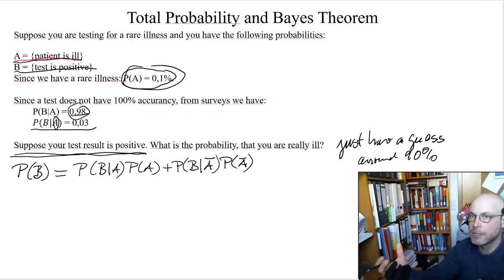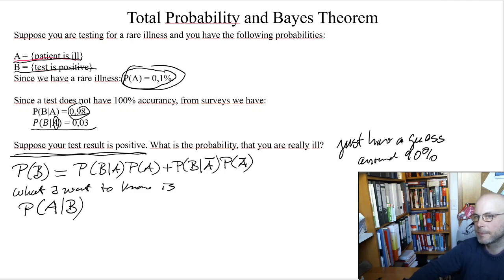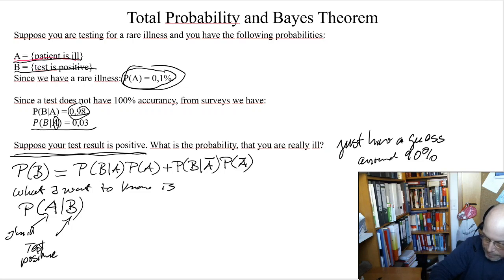This is my condition. So what I want to know is P of I am ill, event A, given B, my test is positive. So this is I'm ill, and this is test positive. Well, and there we have Bayes' law.